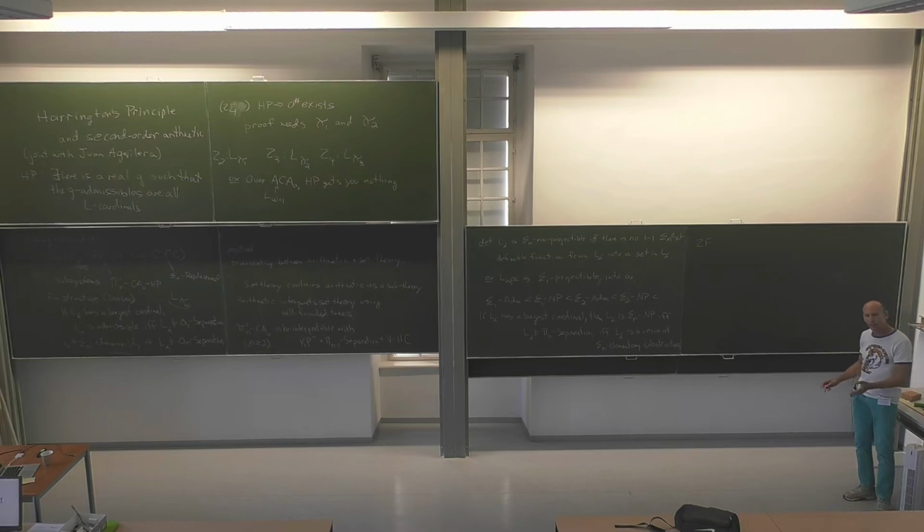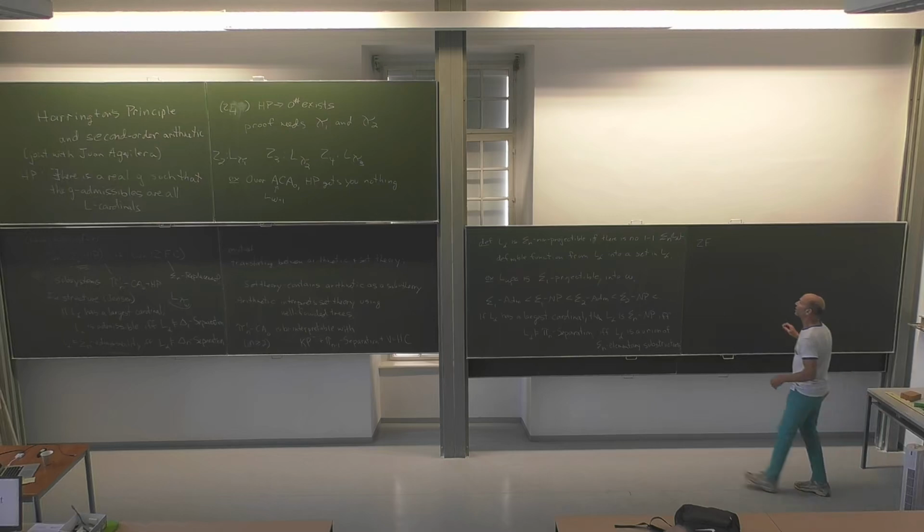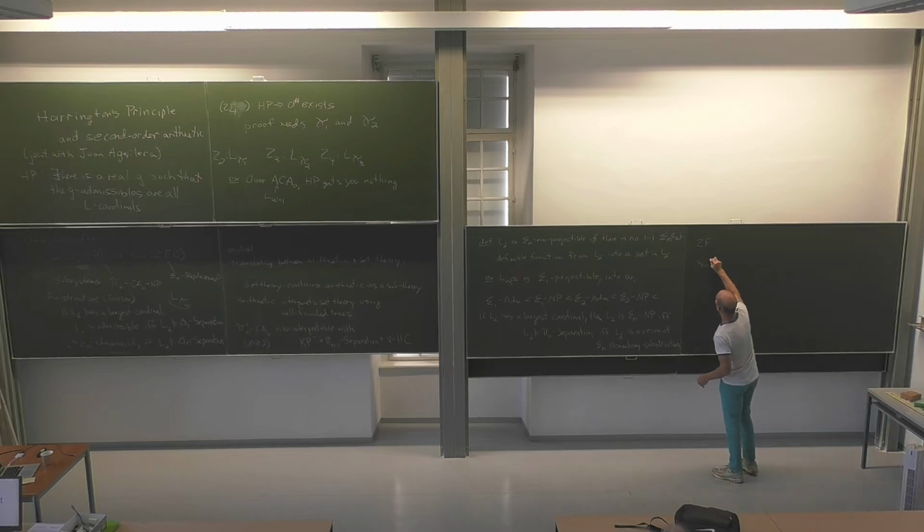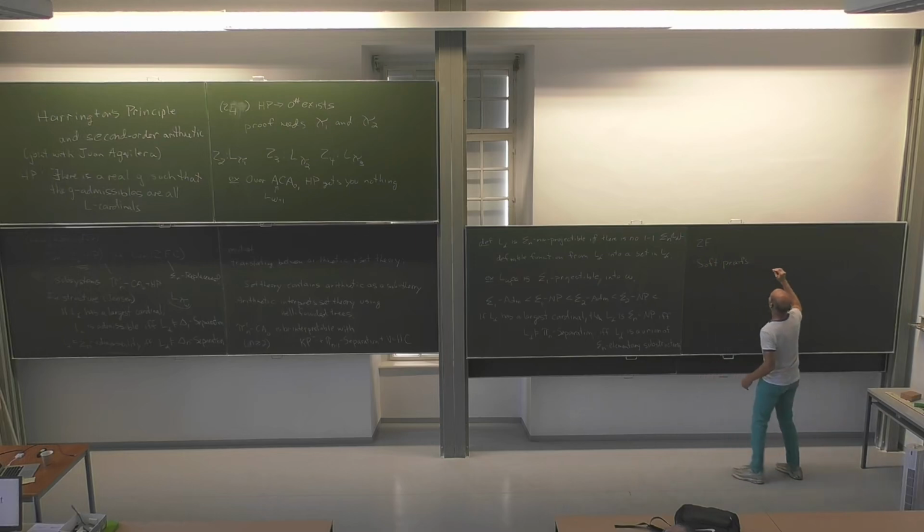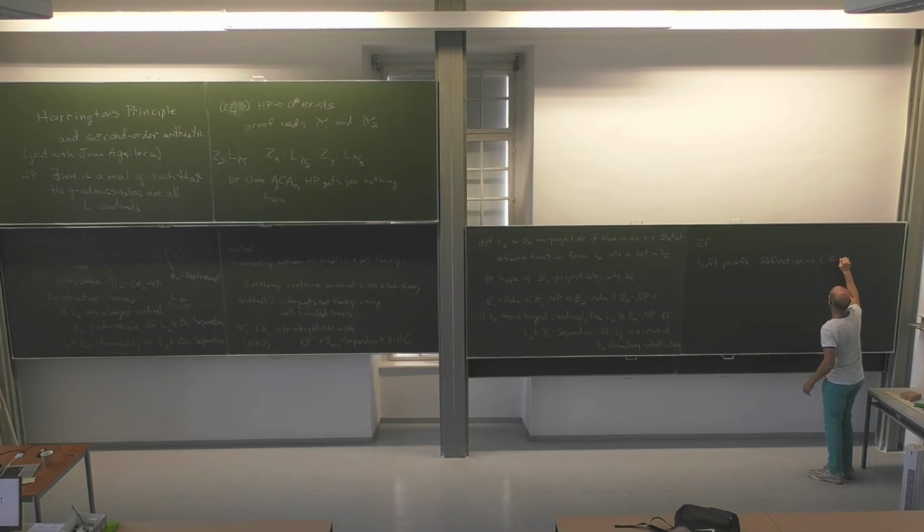Now, in the presence of some sort of weaker context, these things are no longer necessarily equivalent. If you don't have power set, for instance, or if you don't have classical logic, if you only have intuitionistic logic, then some of these equivalences can break down. So you have soft proofs that reflection implies collection, which implies replacement.